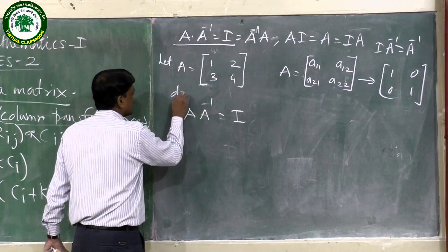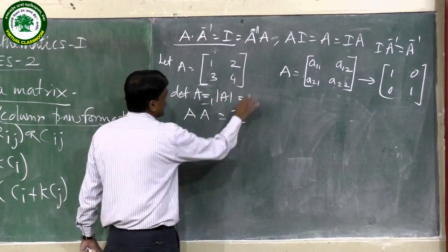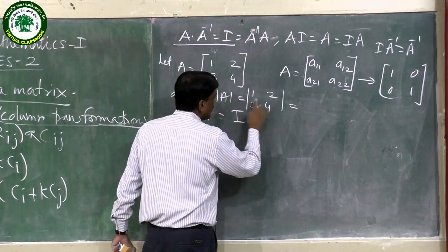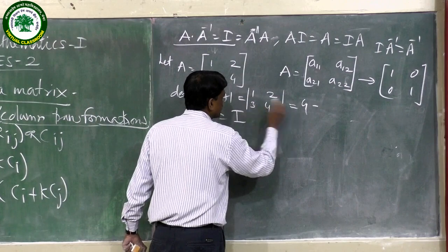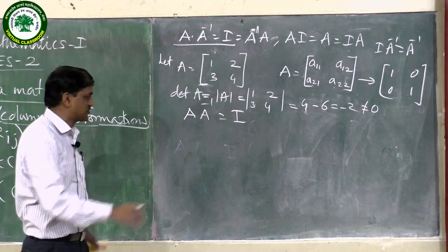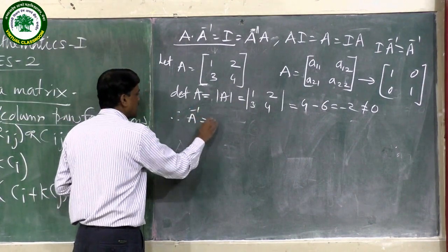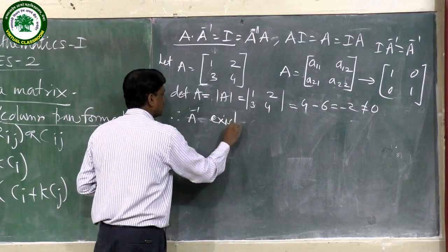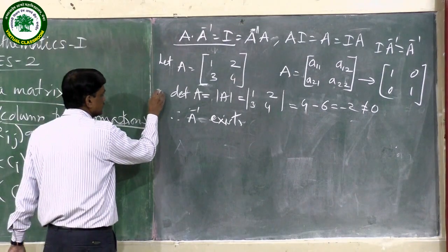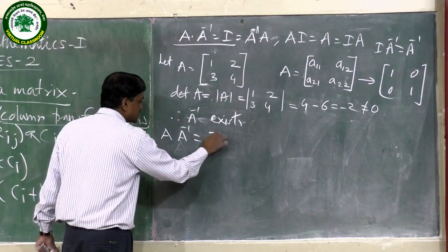Determinant A is equal to the determinant of 1 2 3 4, 1 into 4, 4, minus 2 into 3, 6, it is minus 2, which is non-zero. Therefore A inverse exists. This is the first step of the solution. Now write the equation A into A inverse is equal to I.